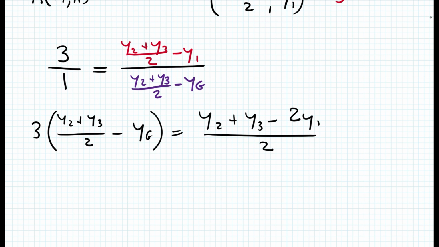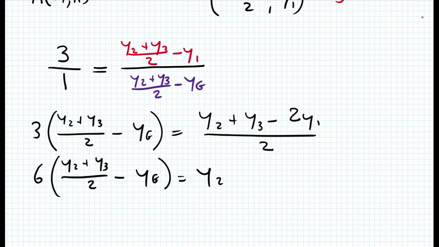So let's first multiply 2 on both sides to get rid of so many fractions here. So this will become 6, okay? And I'm going to rewrite this here, yg, and that is equal to y2 plus y3 minus 2y1.